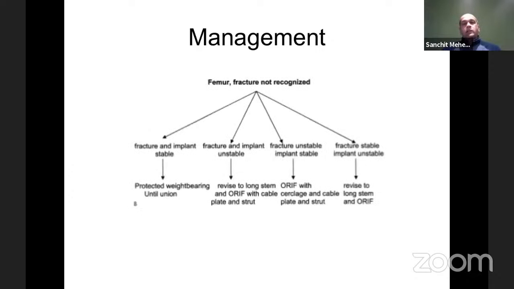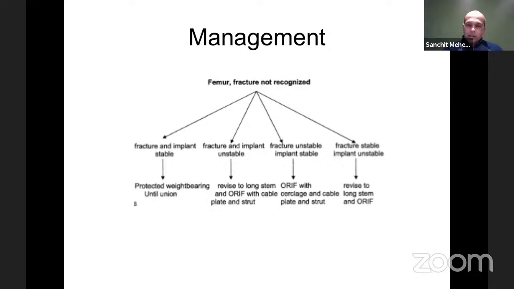What do you do when the fracture is not recognized? Again, then you have 4 scenarios where, depending on the fracture and implant stability, you would act on it. So if the fracture and implant appear to be stable on the post-op x-rays, then you just protect it till you achieve union. If the fracture and implant are unstable, you have to revise it.